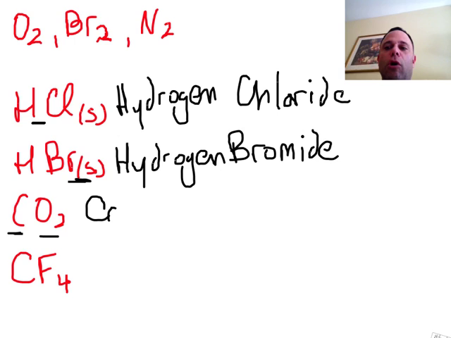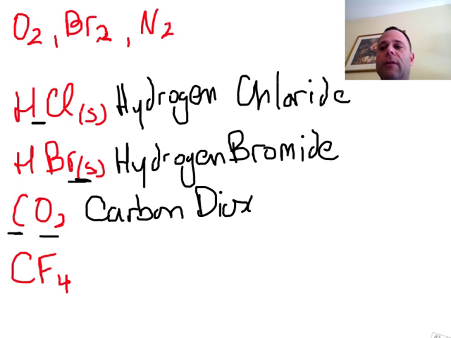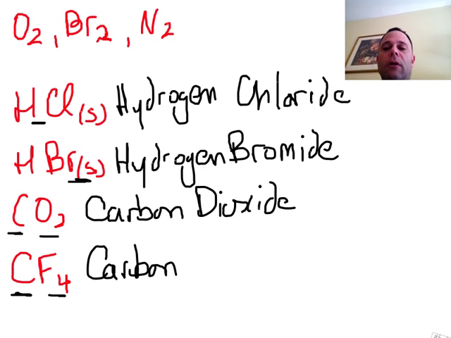This next one, we have one carbon, two oxygens. So this is carbon di for two, oxide. And lastly on this page we have one carbon, four fluorines. That one is carbon. And the prefix for four again is, where are my prefixes?